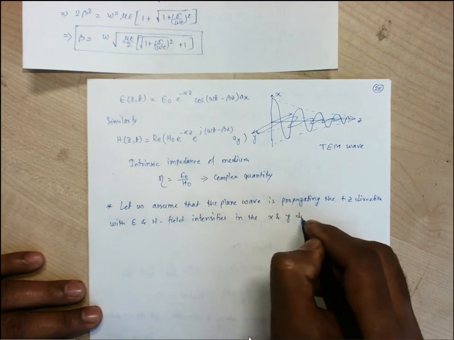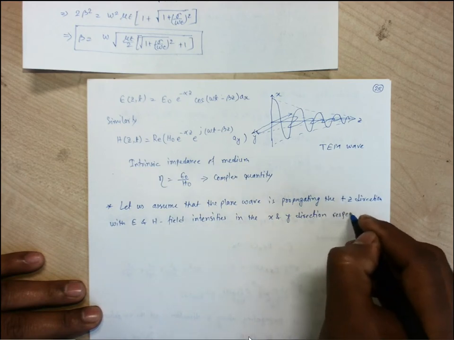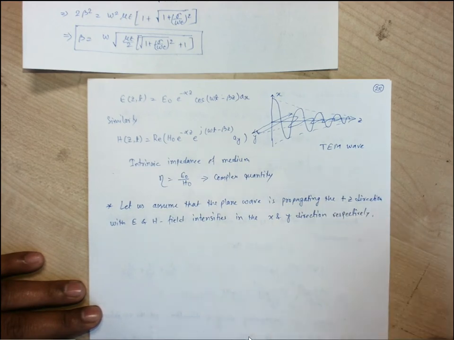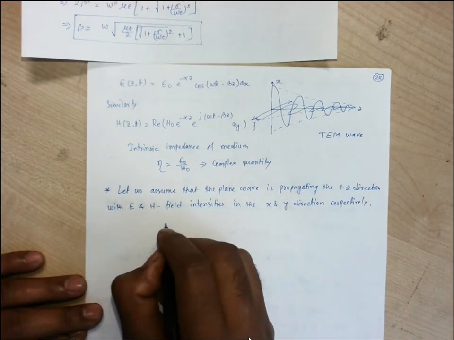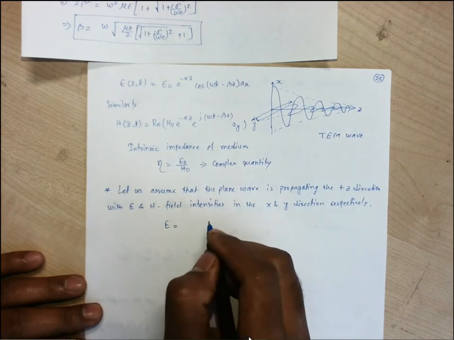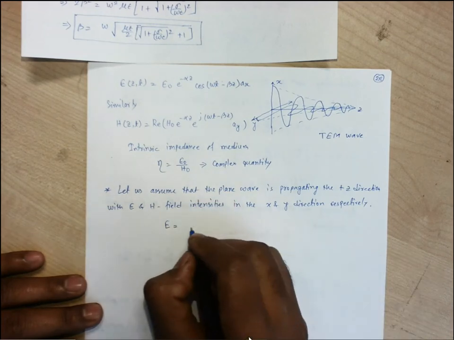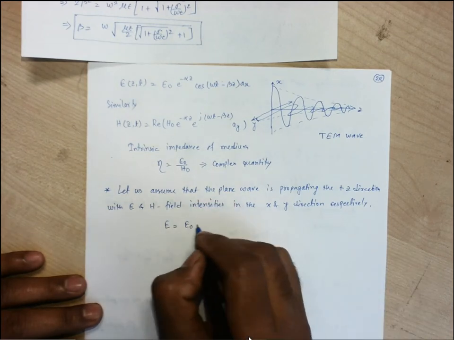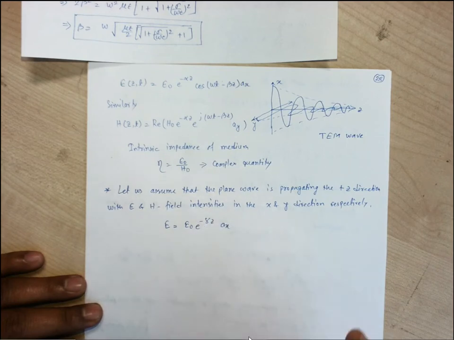So for this E, normal case, E is having the x component and it is having the variation along z. So we can write this as E0 e to the power minus gamma z ax.